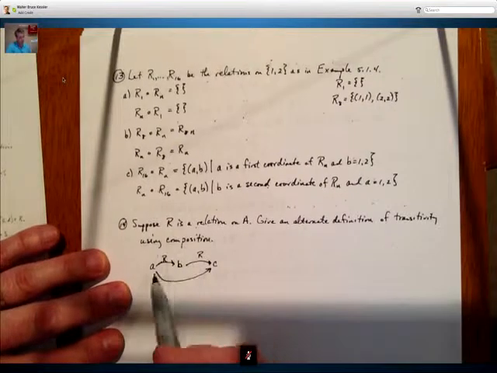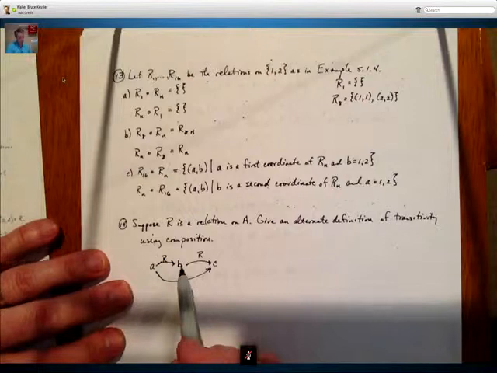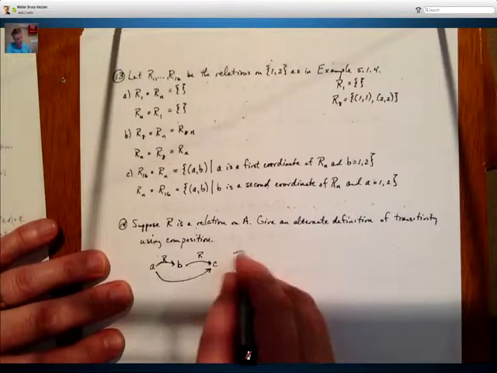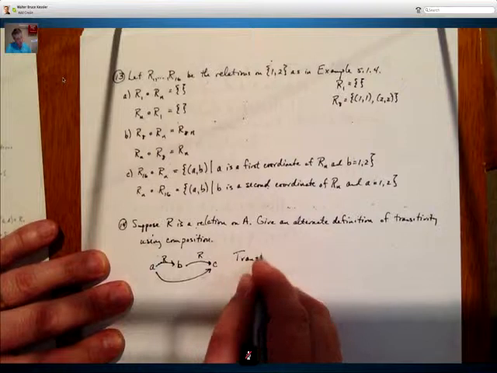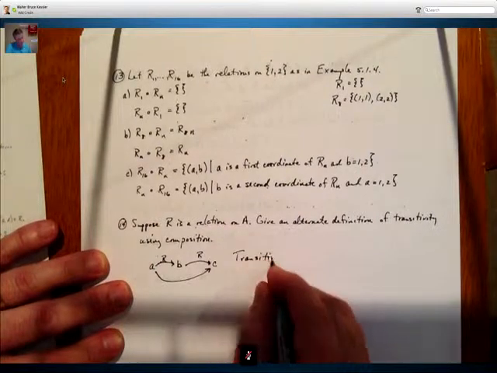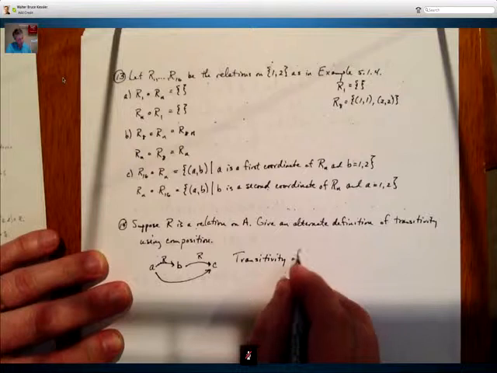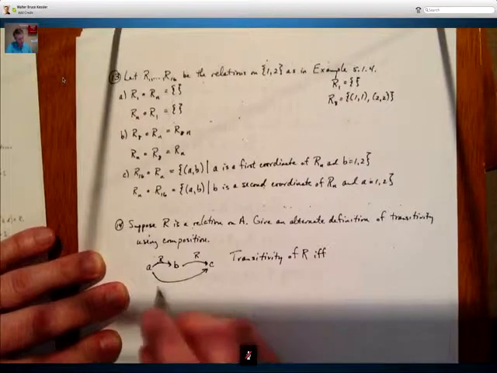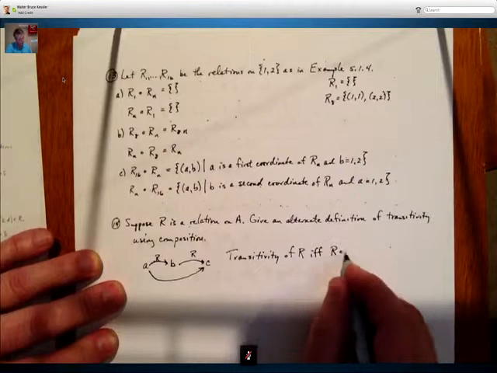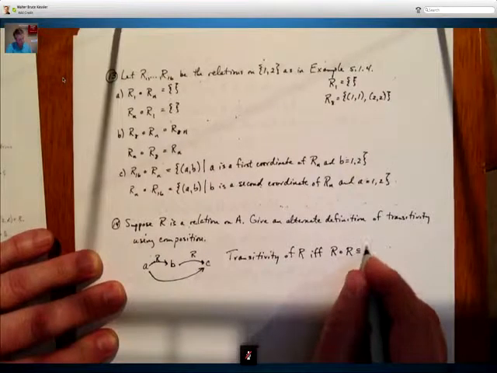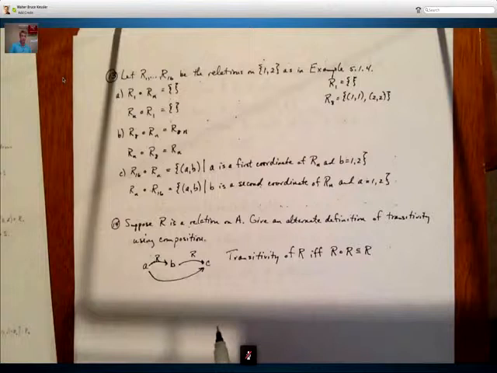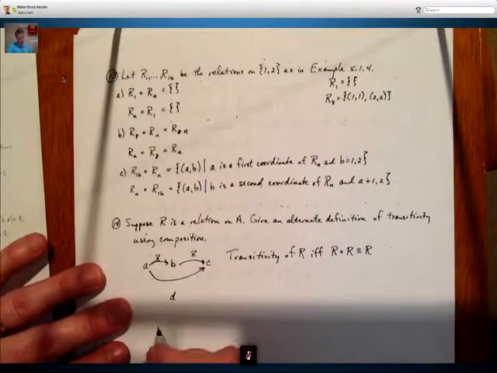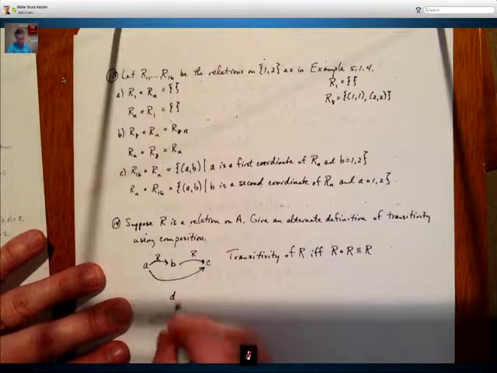Well, composition takes us from the ordered pairs in one connected to the ordered pairs in another and takes us straight across. So what we can say here is we have transitivity of R if and only if when I do the composition that falls inside R.